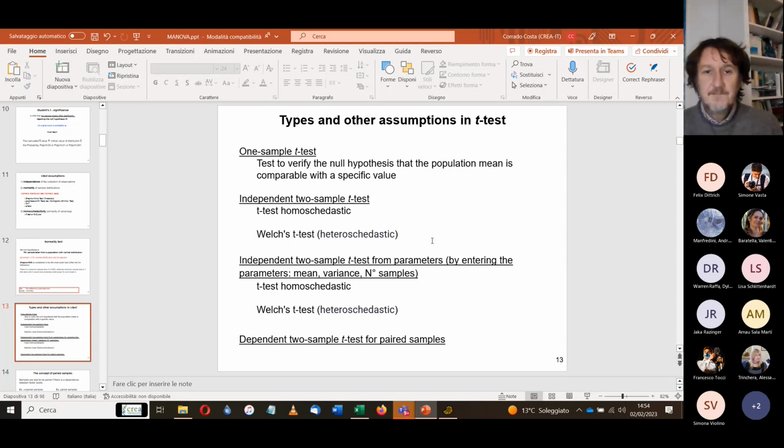We have different kinds of t-tests. So we have the one-sample t-test. This test is used to verify the null hypothesis that the population mean is comparable with a specific value. Let's do an example. For example, the mean milk production of a cow.